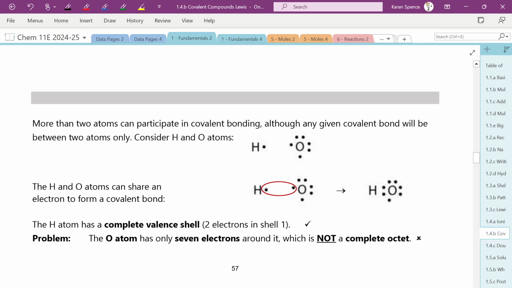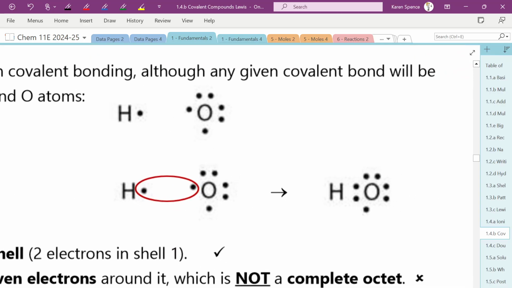Here we have hydrogen and oxygen. Uh-oh. What's wrong here? Tell your partner, what should you be doing to make this better? What do we need? We need another hydrogen, right?